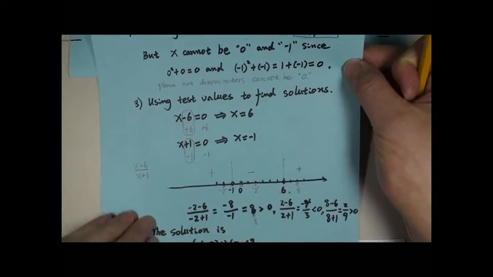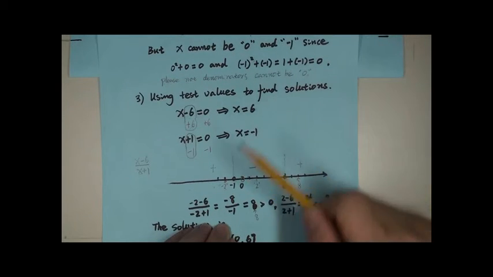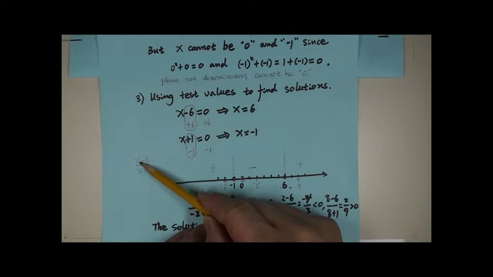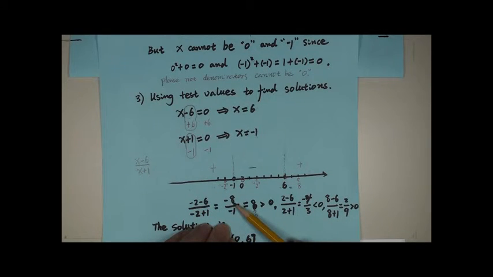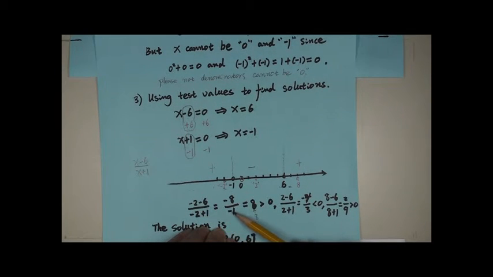You can take any value on the left hand side of negative 1. I take negative 2. If you plug in negative 2, negative 2 minus 6 gives you negative 8, and negative 2 plus 1 gives you negative 1. Negative 8 over negative 1 is positive 8, so any value on the left is positive.